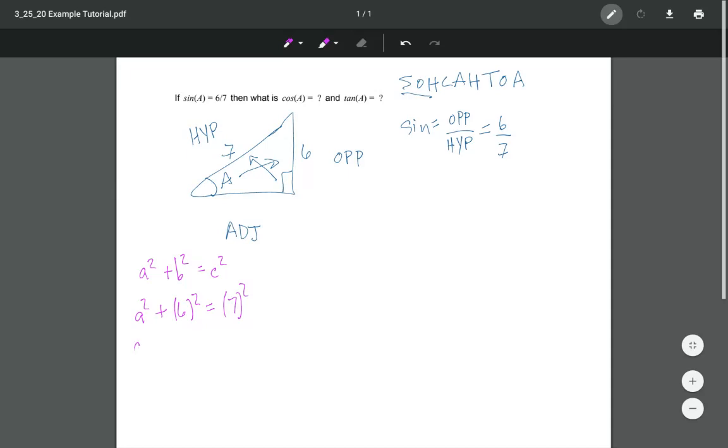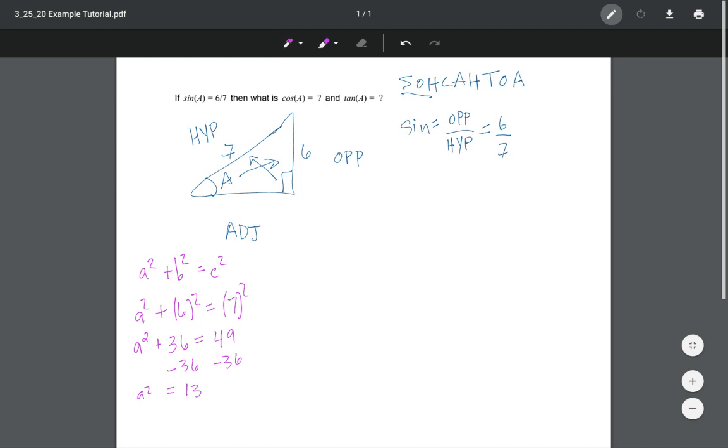Okay, so we take this a step further. We know A squared plus 6 squared is 36, equals 7 squared, which is 49. We're trying to get A by itself, so we can subtract 36 from both sides. And we find out that A squared equals 13.